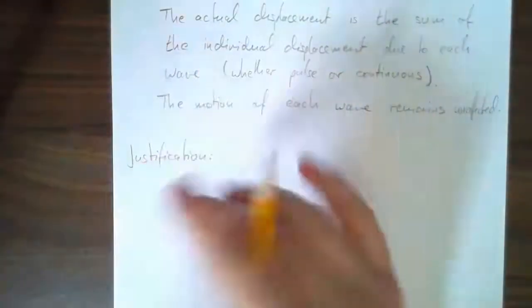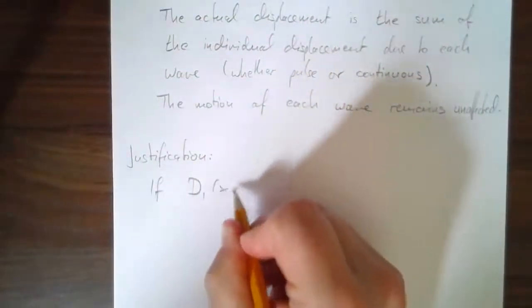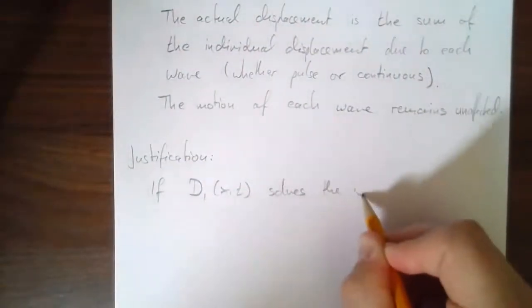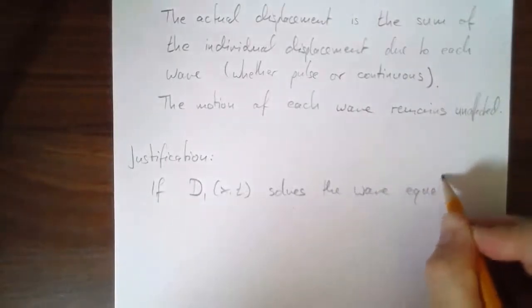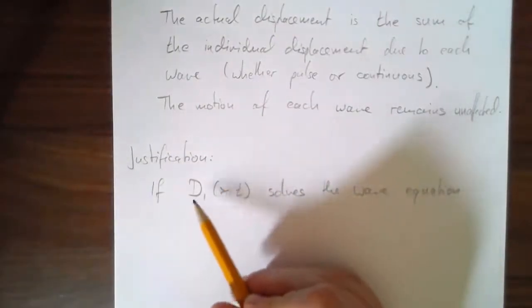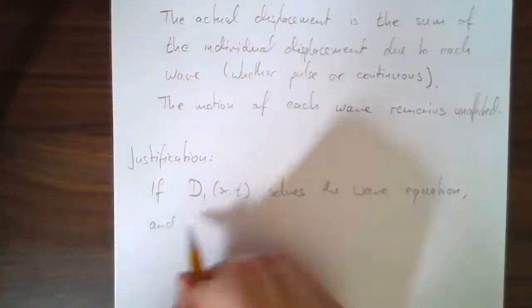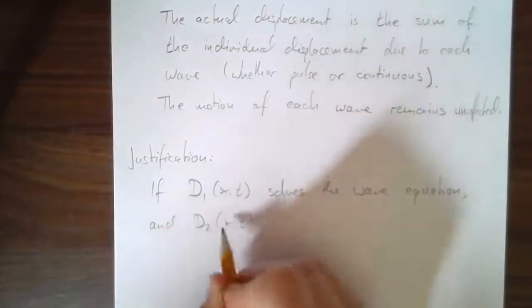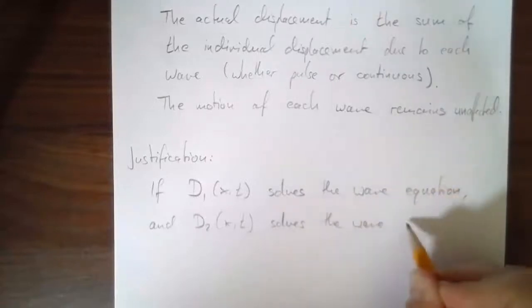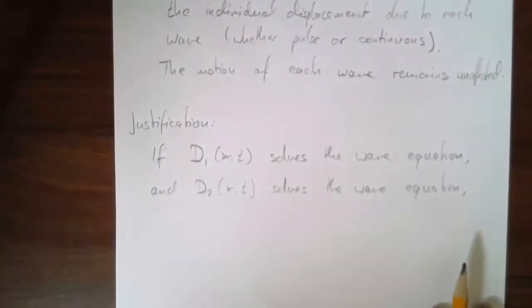So the justification for this is that if a displacement d1(x,t) solves the wave equation, so the laws of physics allow this to happen, maybe it's a sine wave, maybe it's a combination of sine waves, maybe it's something else, and d2(x,t), some other function, solves the wave equation, then the sum of those displacements also solves the wave equation.